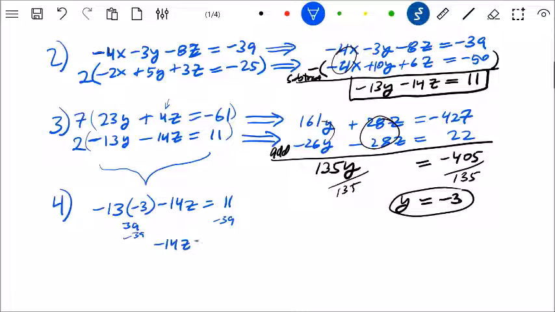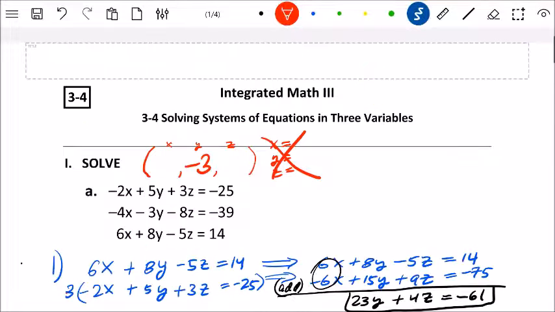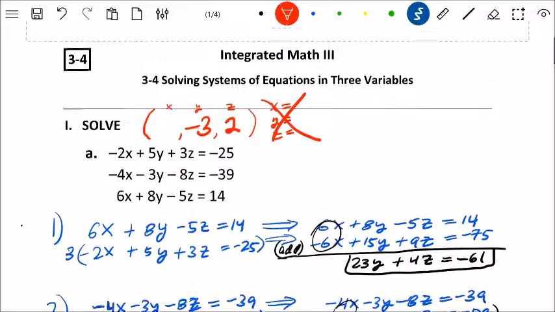Negative 14z is equal to negative 28, divide by negative 14, and z is equal to 2. That's the second of these. So that one I'll put also in the black here, and up top, we'll put a 2 in for the z.